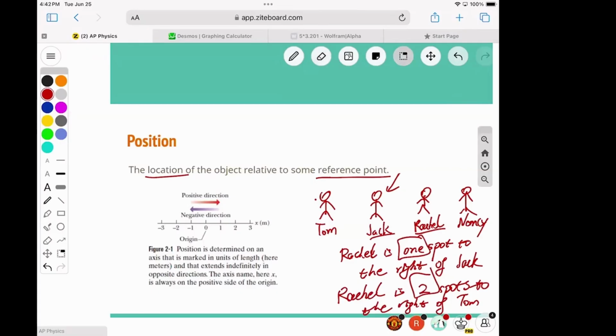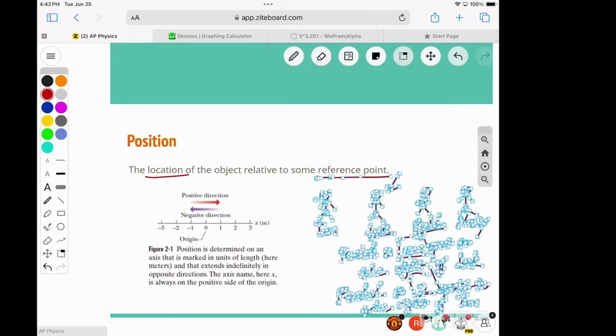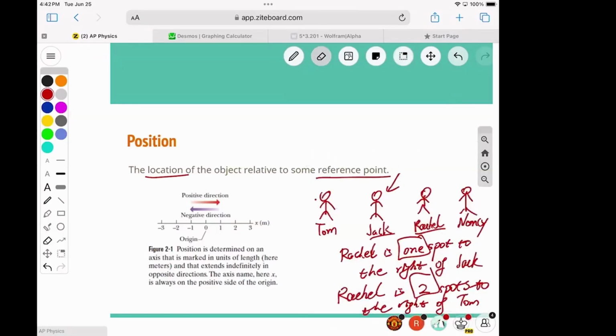And a very important application of that is in, let's say, astronomy, right? If we're describing the position of Earth in our solar system, are we treating our sun as the reference point?